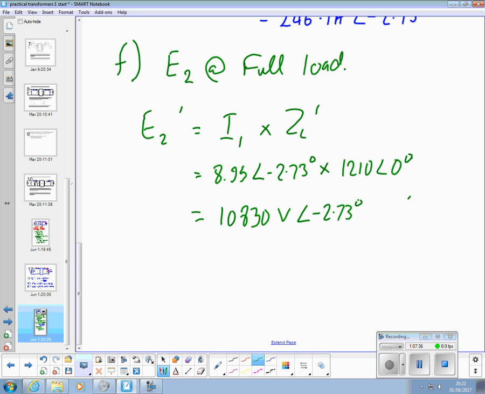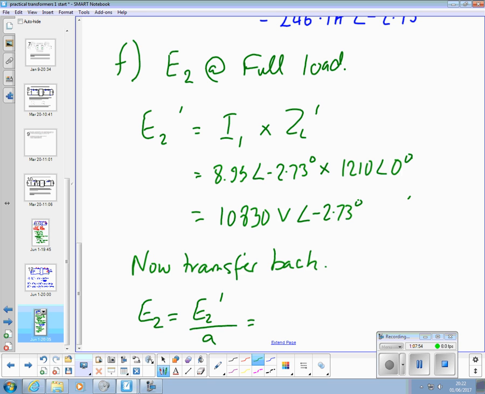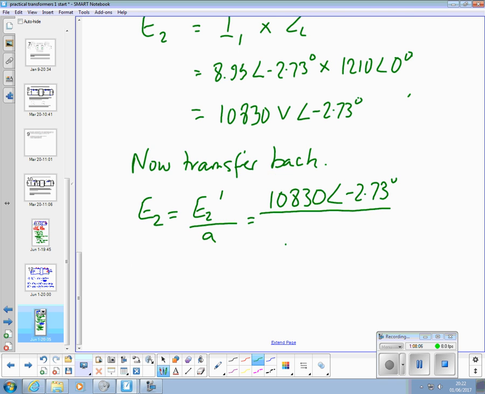So now we've got to transfer back. E2 is equal to E2 dash over A, that's 10,830, angle minus 2.73, divided by 27.5.